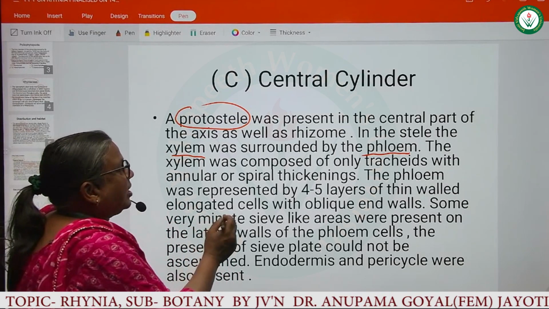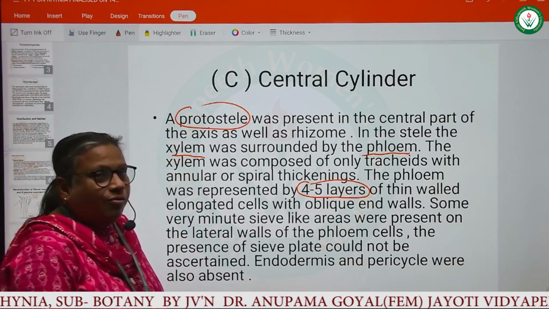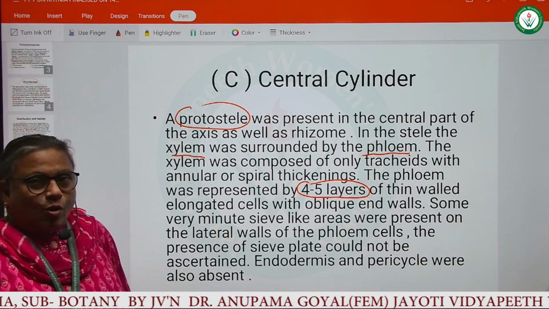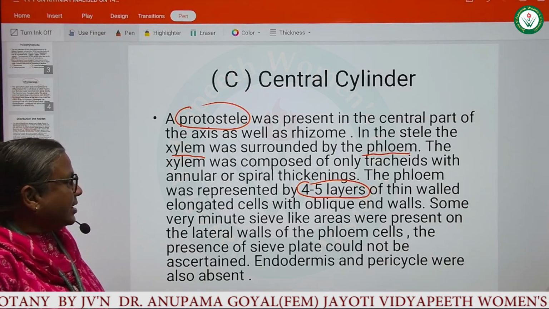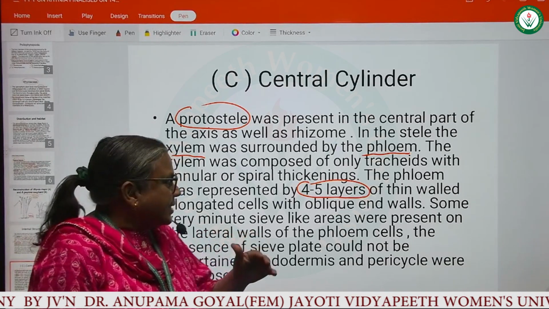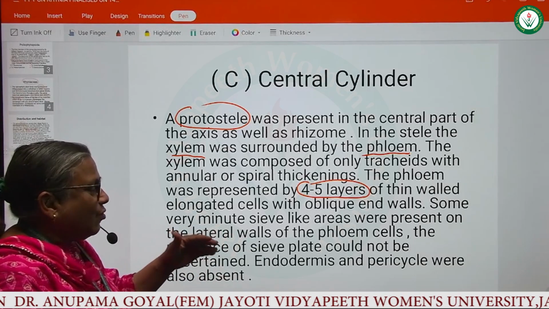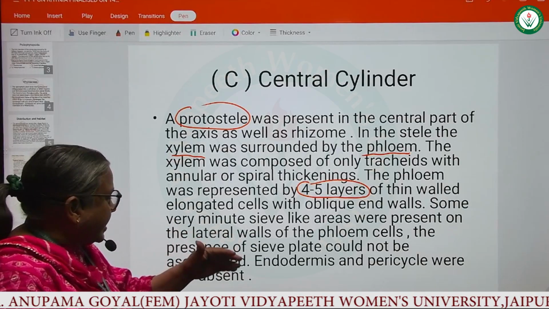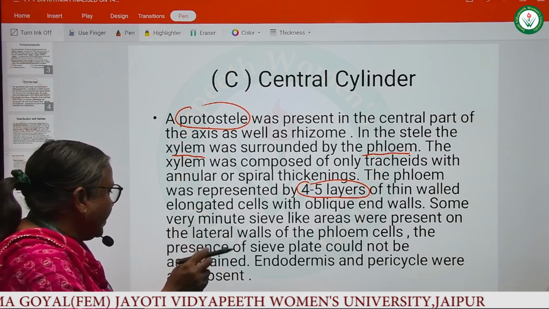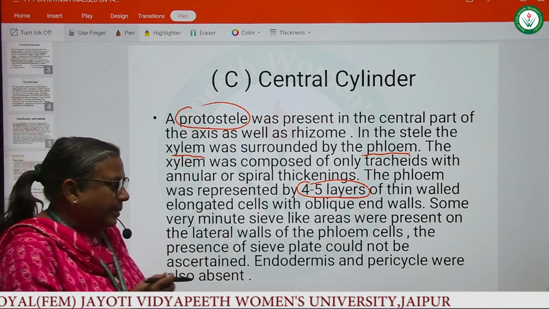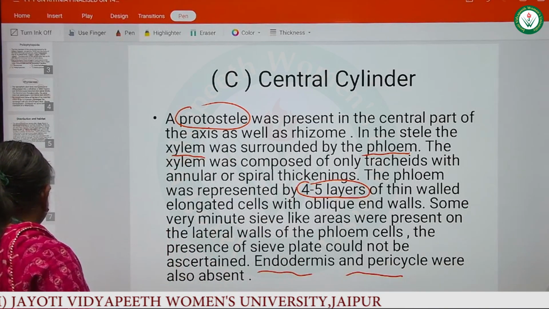The phloem was represented by 3 to 4 layers of thin-walled elongated cells with oblique end walls. Some very minute sieve-like areas were present on the lateral walls of the phloem cells. The presence of sieve plates could not be ascertained. Endodermis and pericycle were also absent.